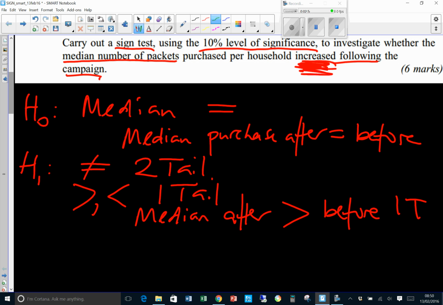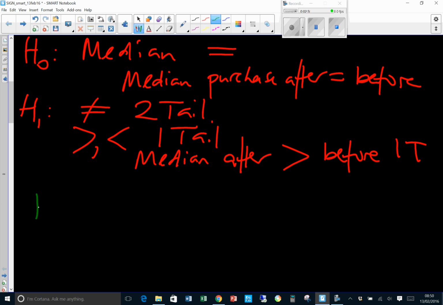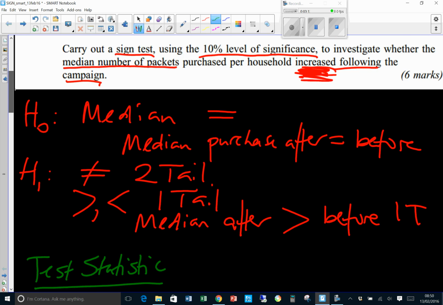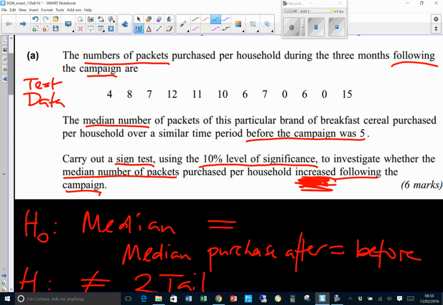Now let's work out our test statistic. In the sign test, we're always calculating the sign by comparing the data that we've got, the test data, with some base level. So in this case, our base level was 7, the number bought before the campaign, and we've now got our list of data.